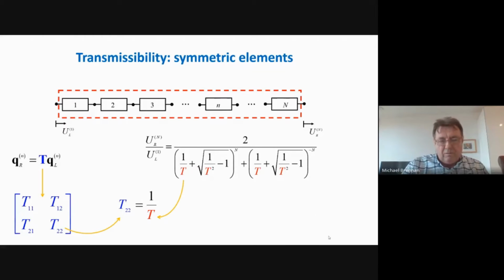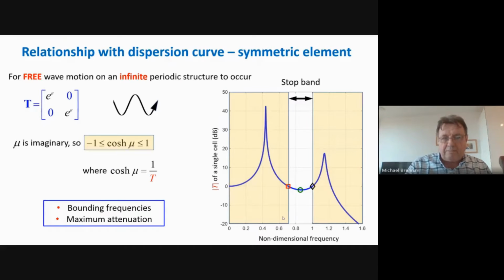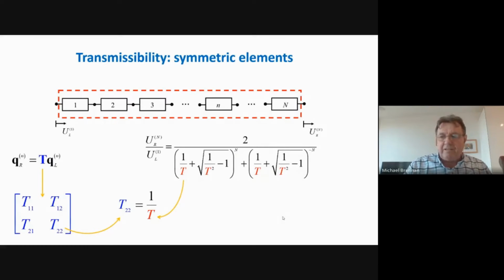And so if we know what the characteristics are of a single element, specifically the transmissibility, we can easily calculate the behavior of the whole structure. And the reason for doing this is that, as you'll see as the next presenters talk about their specific problems, the analysis is significantly simplified because we're just looking at one element.